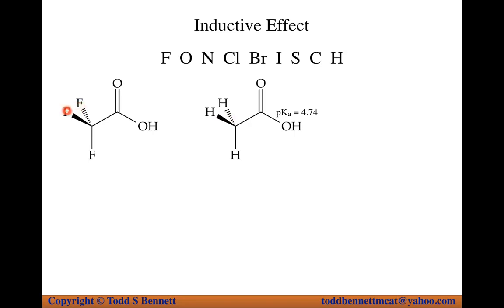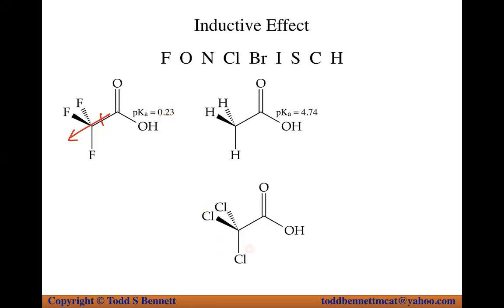If I replace the three H's with three F's, we know F's are electron withdrawing, and there are three of them, and they're very close, which means this is a really impactful scenario. A very large inductive effect, because it's going to pull so much density and because it's close. So it drops severely, all the way down to about 0.2.